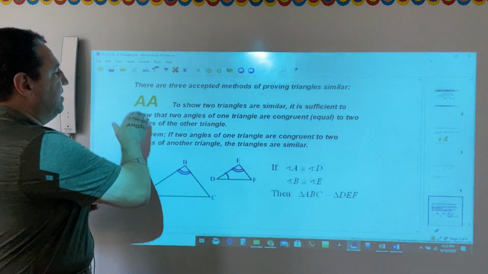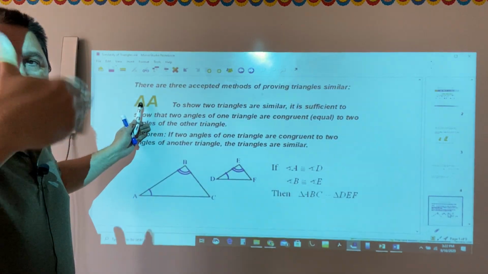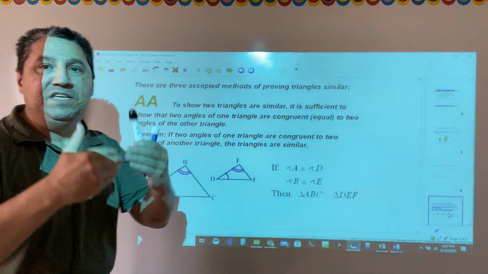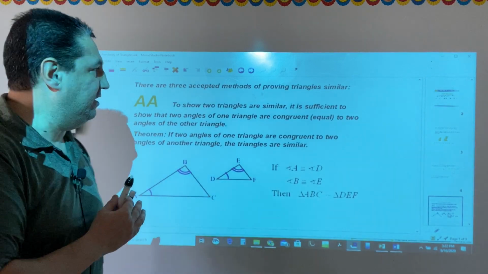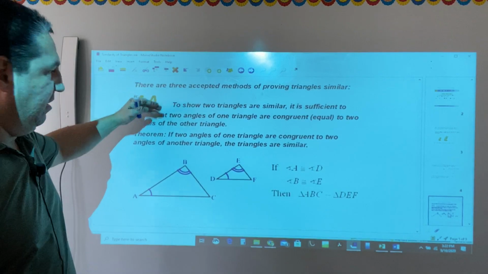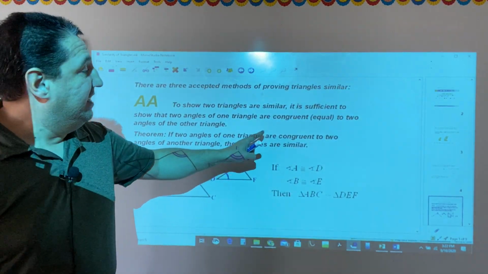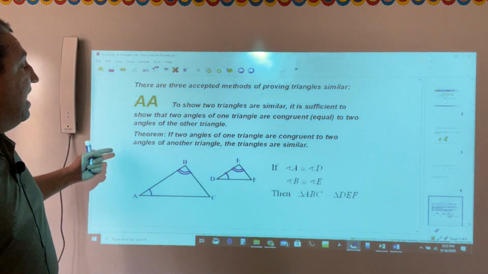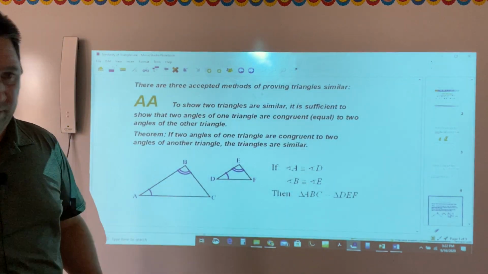First case is so-called AA. A, remember, comes from word angle. In fact, each of these A represents a pair of corresponding angles. So, what does this case state? If two angles of one triangle are congruent to two angles of another triangle, then the triangles are similar.